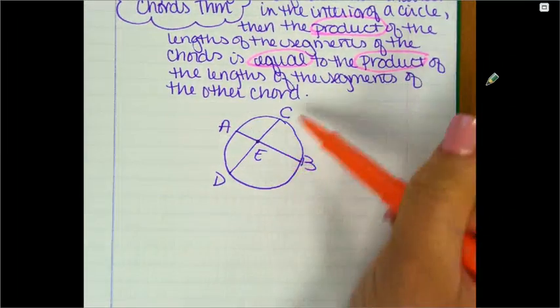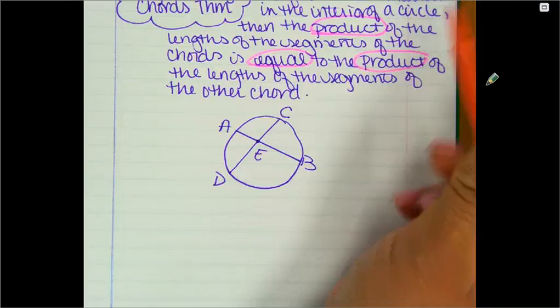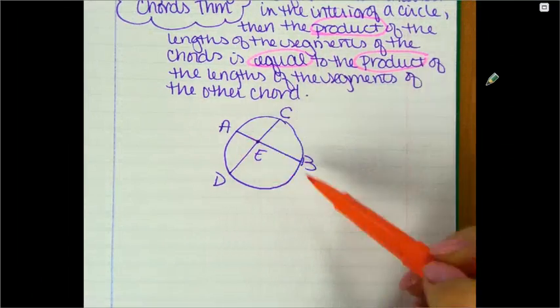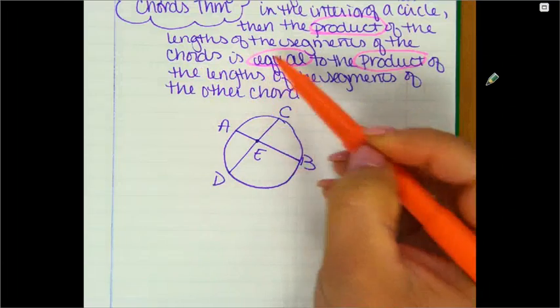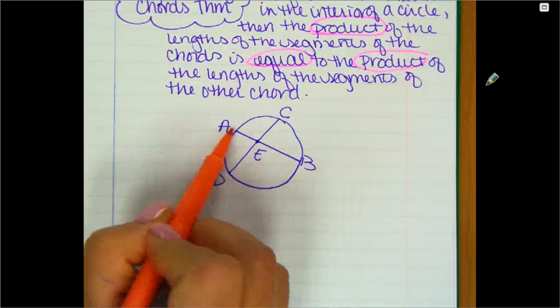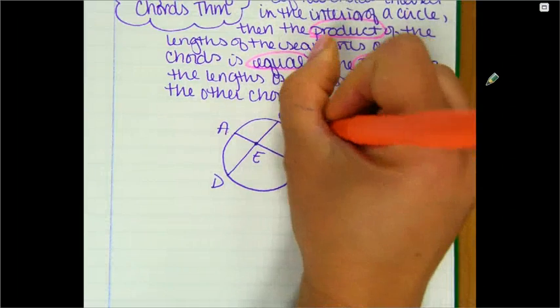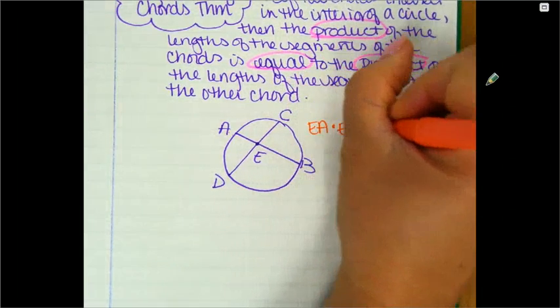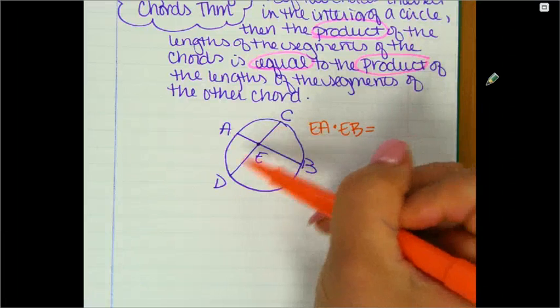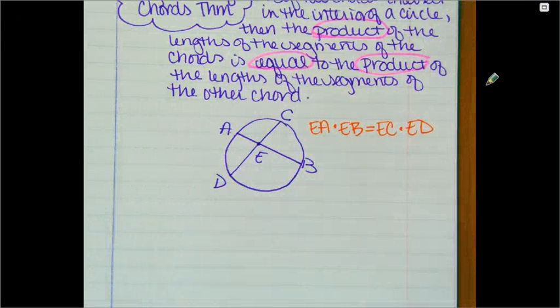So here are two chords intersecting, correct? So now you have segments. Make sense? Okay, so when you have two chords intersecting, it's the product of the lengths of the segments. Since this chord is breaking up into two pieces, it's AE and EB, correct? So I can say that EA times EB equals the two segments of the other chord, which is EC times ED. Make sense?